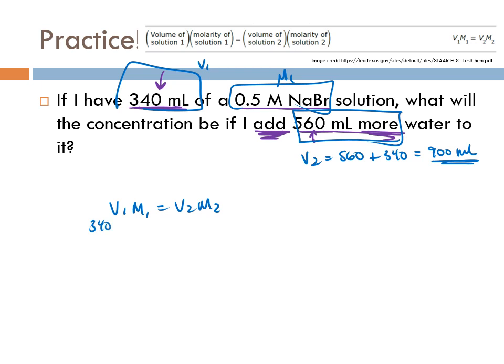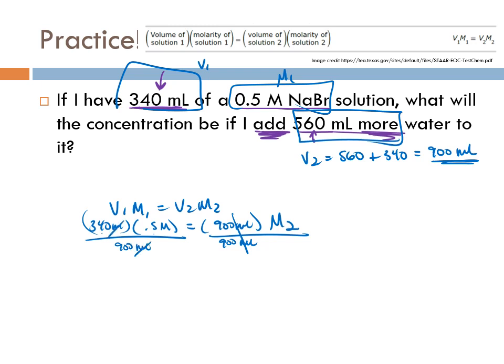V1 is 340 milliliters. M1 is 0.5 molar. Set that equal to V2, 900 milliliters. M2 is what we're solving for. Multiply 340 times 0.5 and then divide by 900. Milliliters, top and bottom, will cancel out.